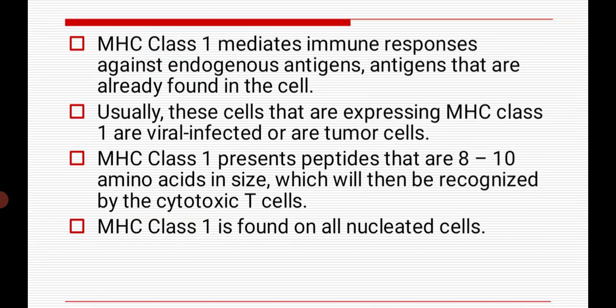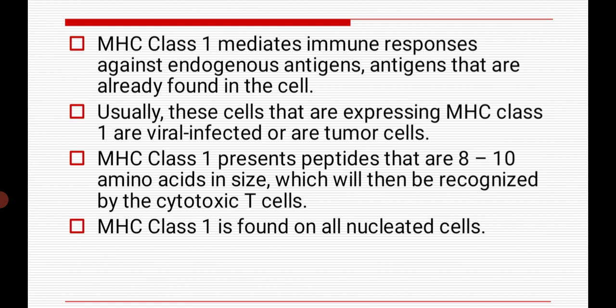The MHC class one molecule mediates an immune response against endogenous antigens that are already found in a cell. Basically, the cells that express these MHC molecules are tumorous in nature or virally infected.